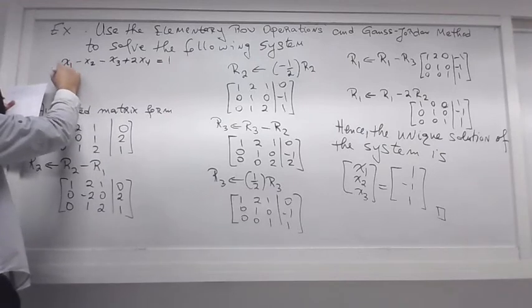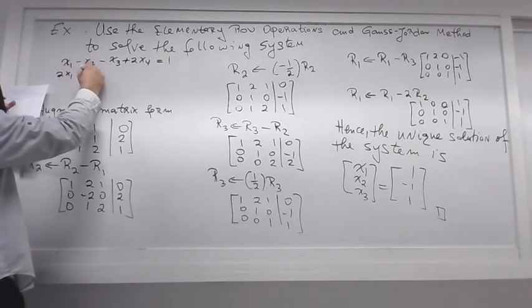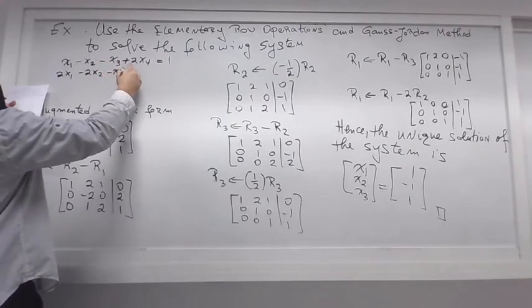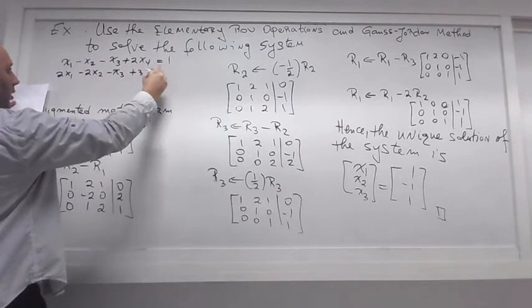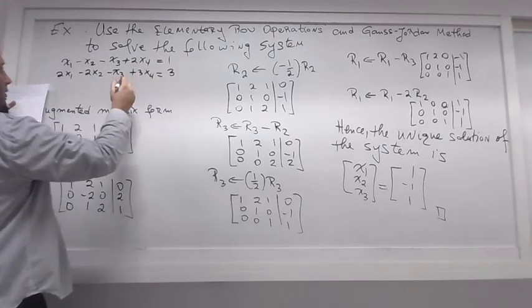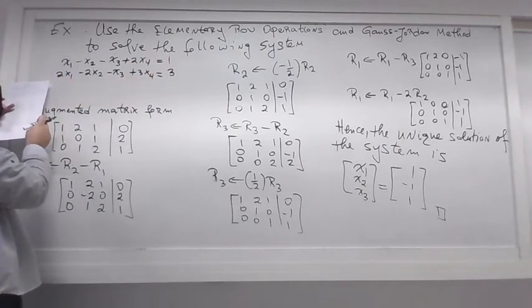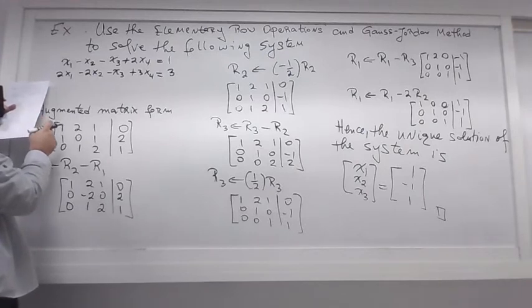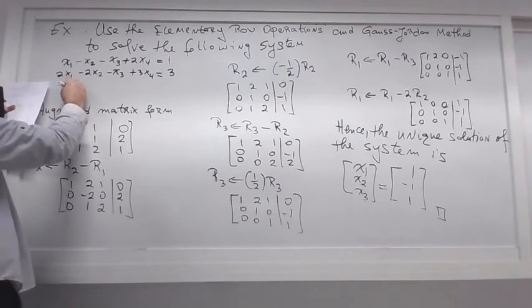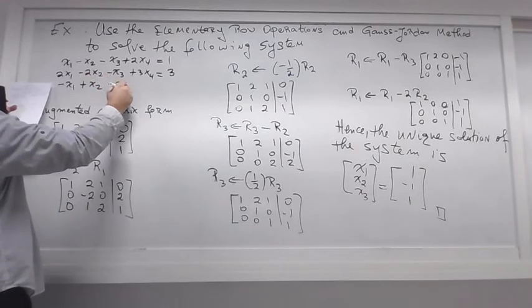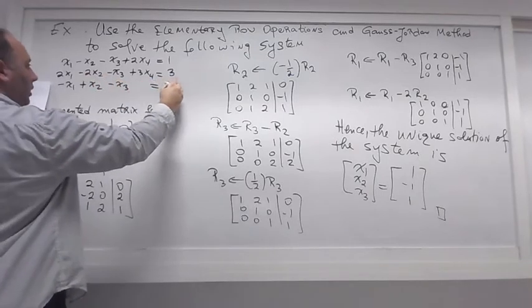And we have 2x1 minus 2x2 minus x3 plus 3x4 equal to 3. And the last one: minus x1 plus x2 minus x3 equal to minus 3.